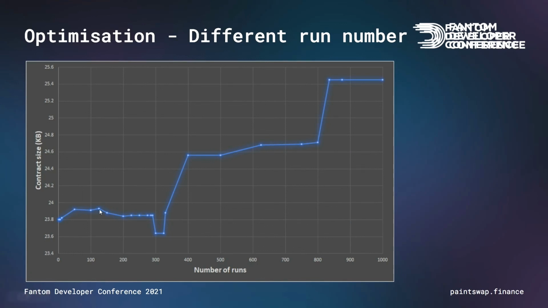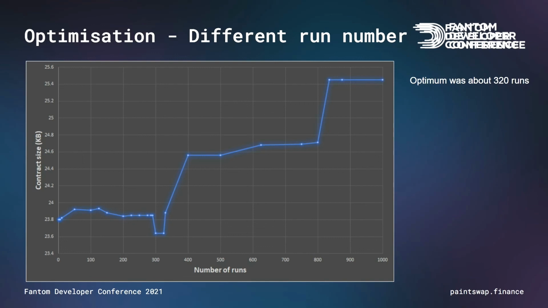But then it reached the point where it was actually going down, and then for some reason around 300 to 320, it went down dramatically, and it was at this point I was actually able to run my smart contract efficiently. I don't know why, but 320 seems to be a better number for me than the default 200, so it gives you a smaller contract size and better gas optimized code.